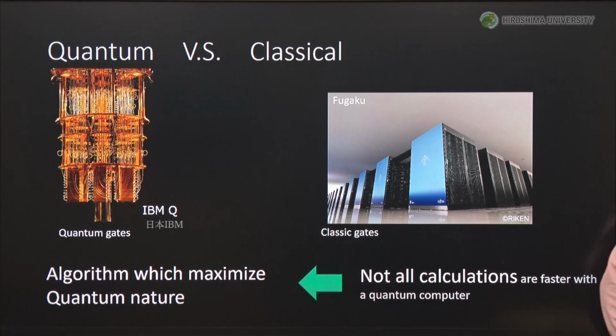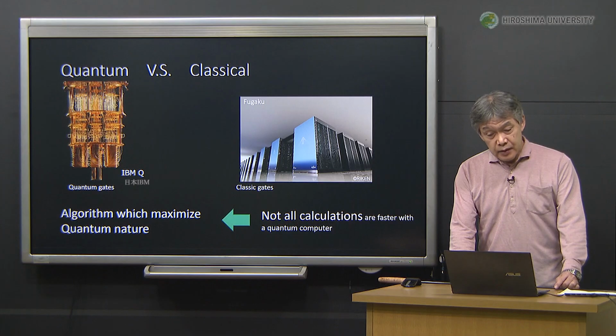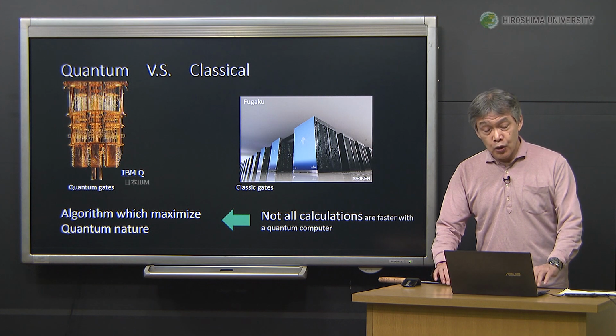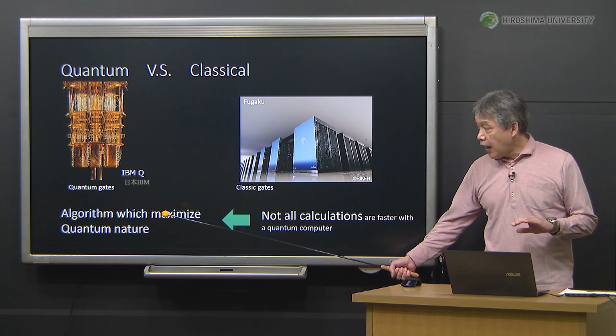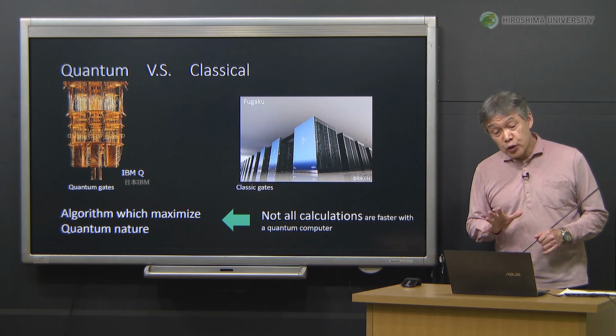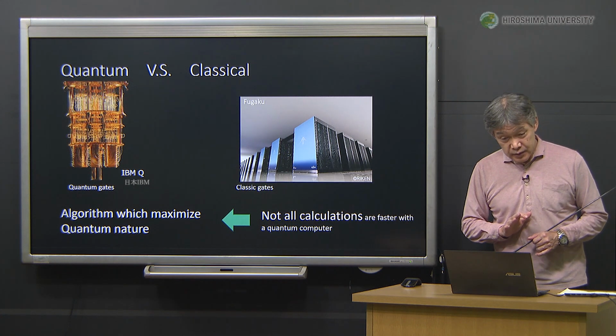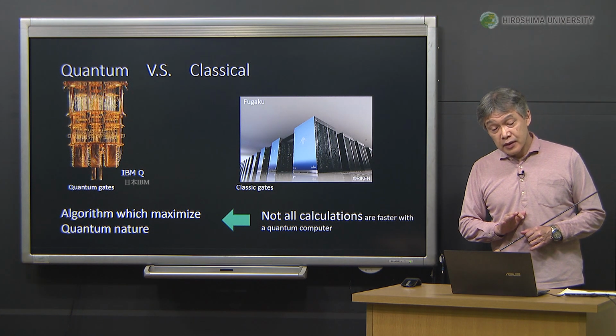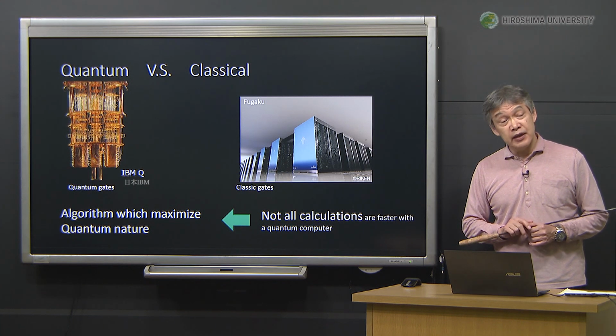If we compare the quantum computer and the classical computer, as I said, the quantum computer can construct a general purpose computer. However, it is important that not all calculations are faster with quantum computers. The important point is that we need to find the algorithm which is suitable for quantum computing. Otherwise, a quantum computer is not faster than a classical computer.